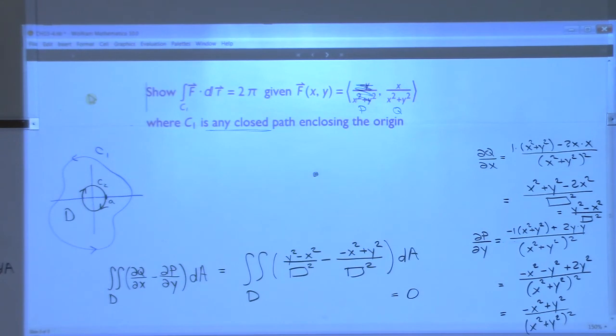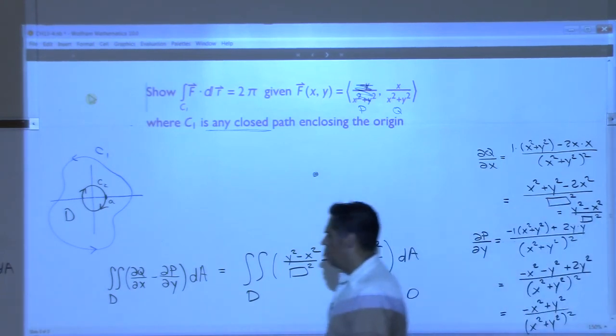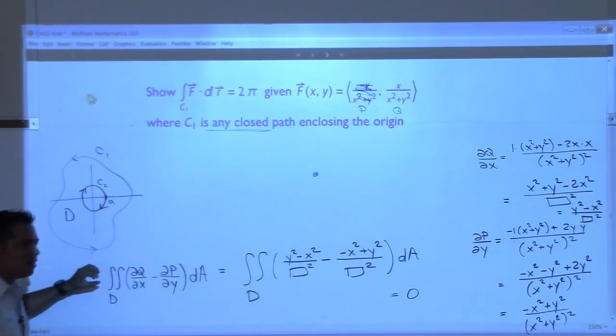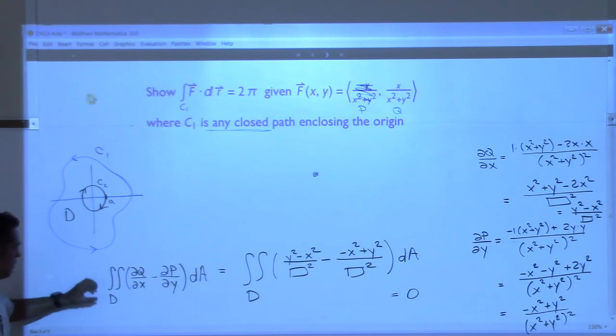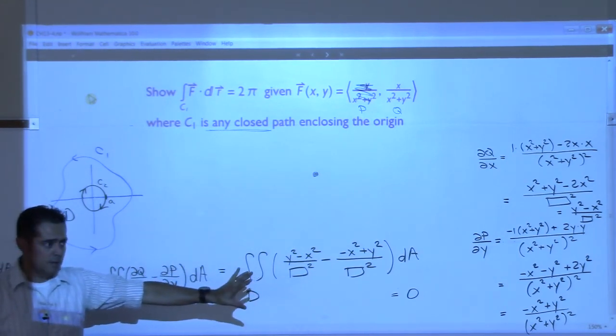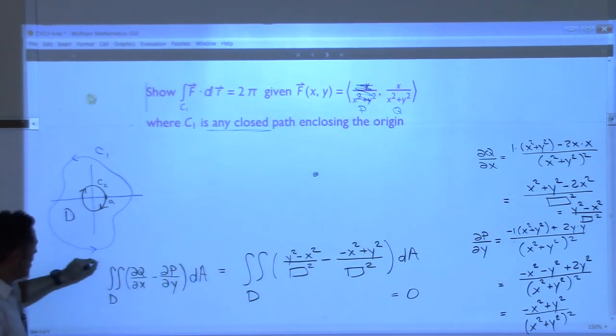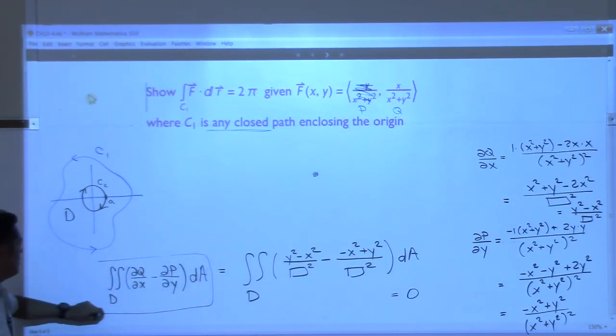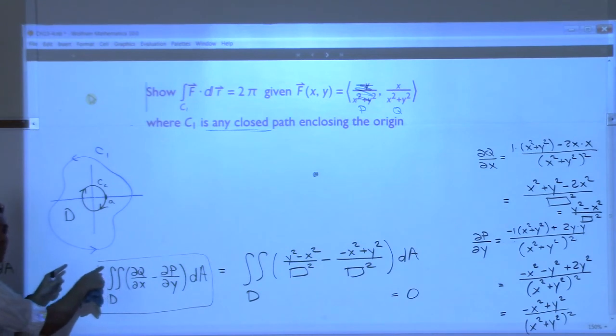Wait a minute, I thought the answer was supposed to be 2 pi. No, that has nothing to do with what we're doing. What I did is I said, hey, what is this double integral over D equal to? Everyone agree it's 0? Okay. However, by what I just showed you before this, what is this in terms of line integrals?